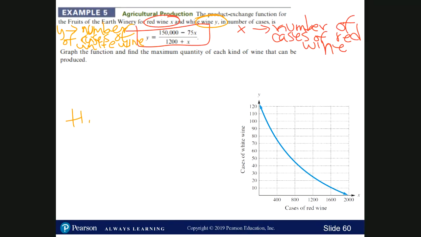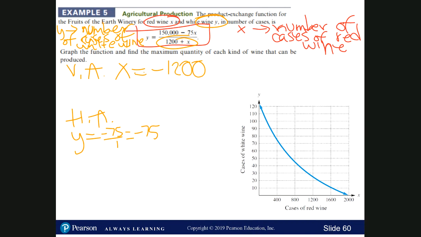Using the ratio of the leading coefficients, it will be negative 75 over 1, or just y equals negative 75. We also have the vertical asymptote, which will be x equals negative 1200.